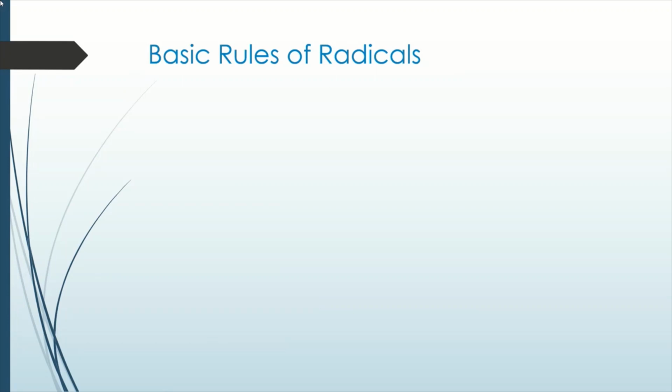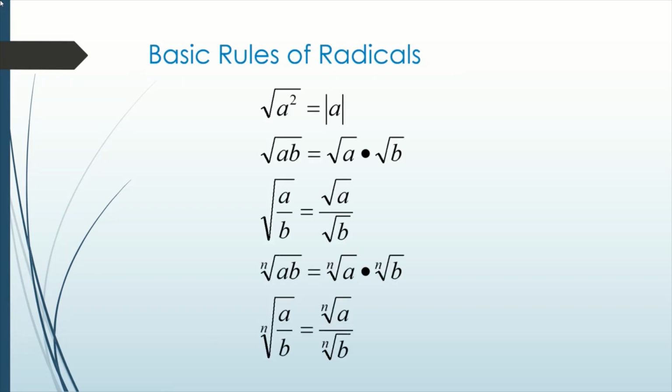So here are the basic rules of radicals. When it's the square root of a squared, there is the absolute value of a, but if you know that all the numbers are non-negative or all positive, then you don't really need the absolute value bars.